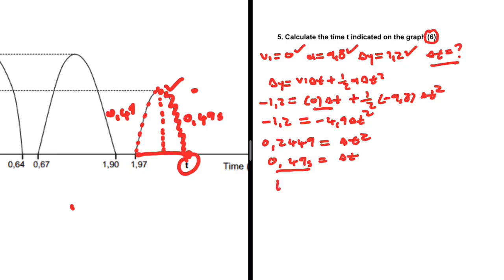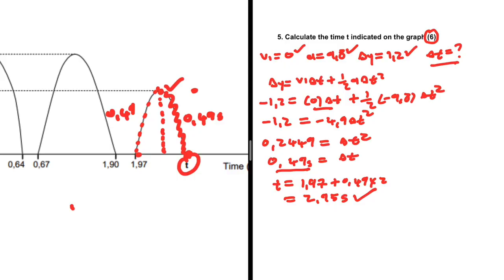So t is equal to 1.97 plus 0.49 multiplied by 2. So what is 1.97 plus 0.49 multiplied by 2? I'm getting t being equal to 2.95 seconds. Okay, there's other ways you can play around with how you are getting to 2.95 seconds, but whichever way, if it makes sense, you should get 2.95 seconds.